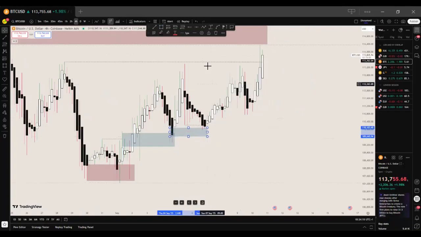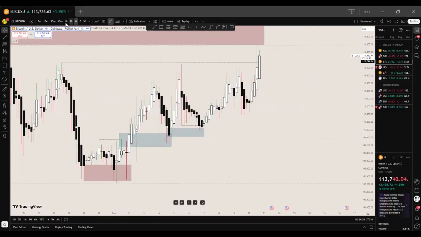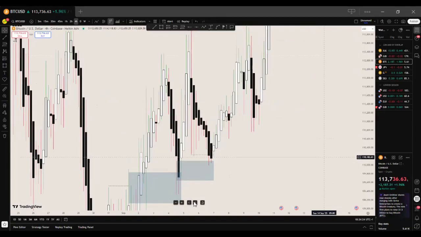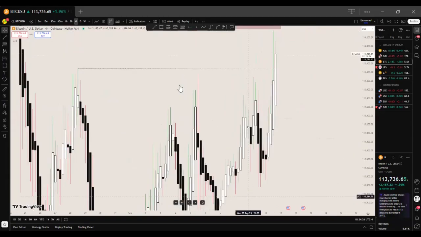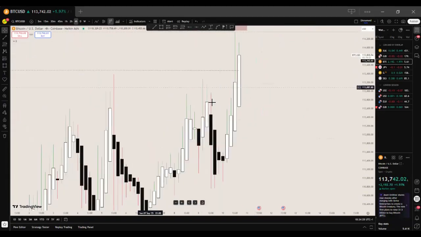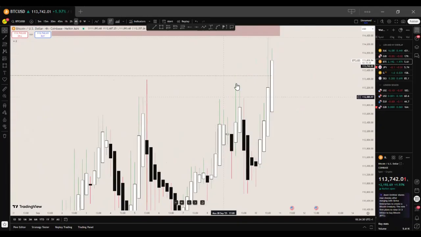Then as soon as price was going back up, trying to break this high, I went to the lower time frame, the 1 hour, because I knew as price tapped into this other block, it was so close to this high right here, so close to this level that it didn't break.